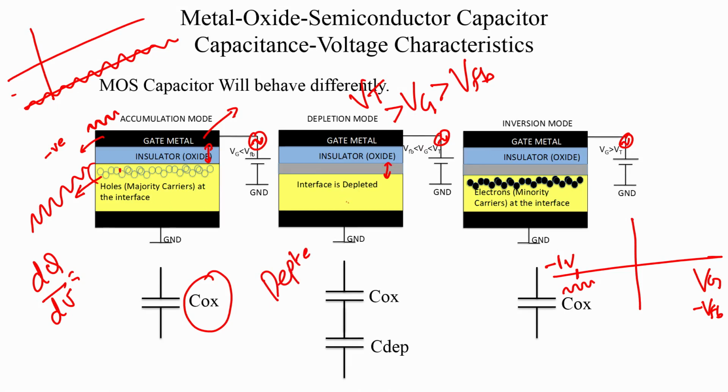You can now imagine this back metal with an ohmic contact and this doped semiconductor, which is basically like a resistor, and you now have a gate metal here, and in between you have two capacitors sandwiched in series.